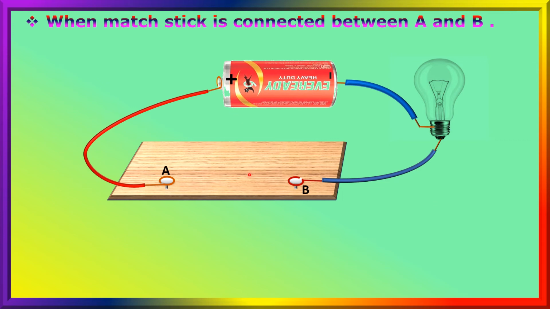So in this activity, I am going to identify which substances in the given ones are conductors and which are insulators. That means I am going to separate conductors and insulators from the given material. So now I am going to connect the matchstick between A and B.